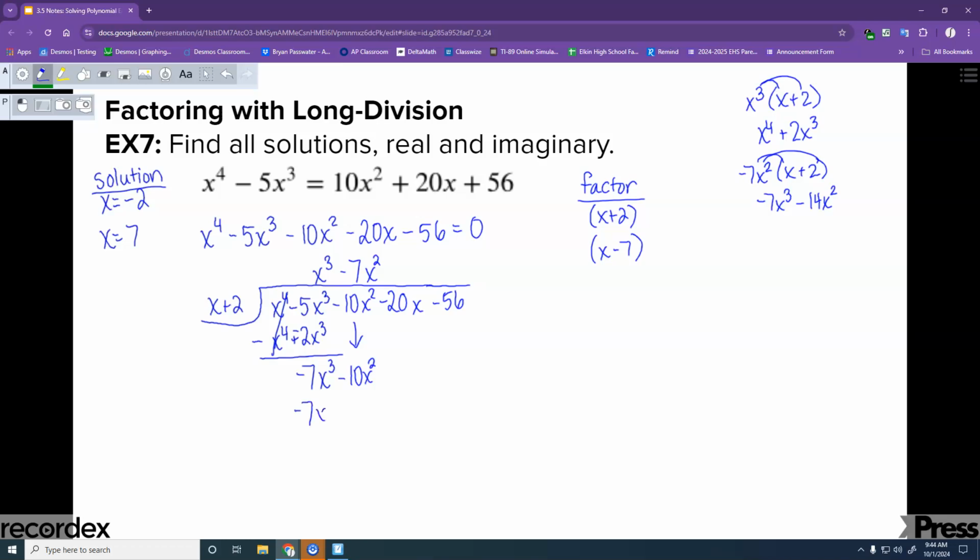So negative 7x cubed minus 14x squared goes here. We are subtracting, which makes this a double negative, which makes it add and go away, which makes this a double negative, and is going to give us 4x squared. I'm going to bring down.